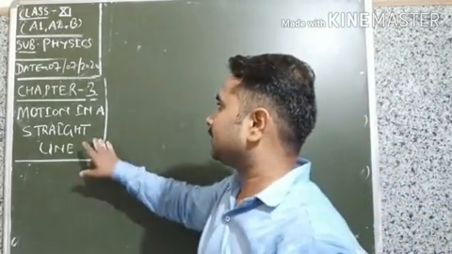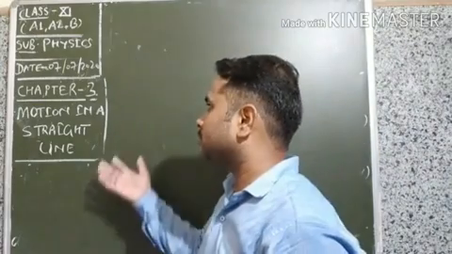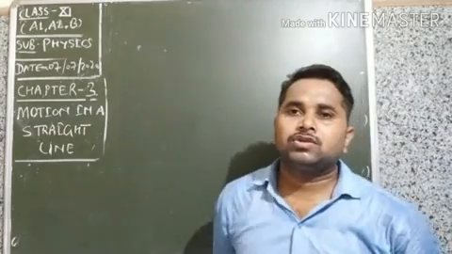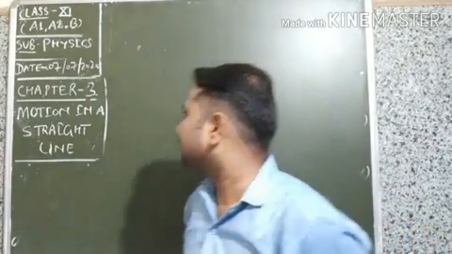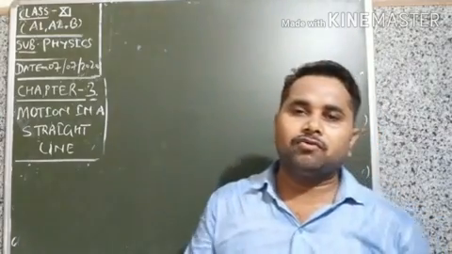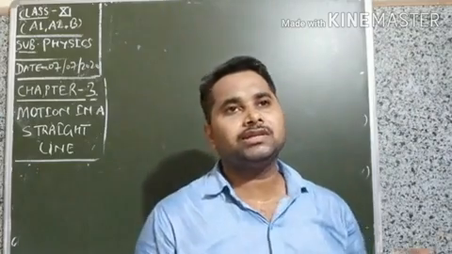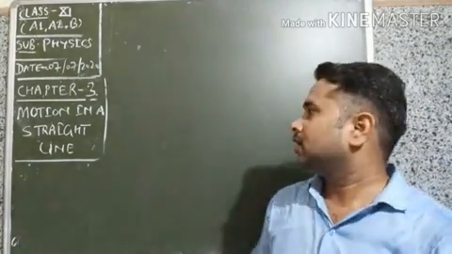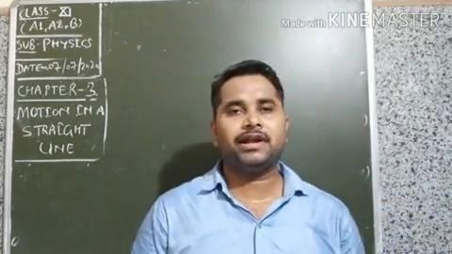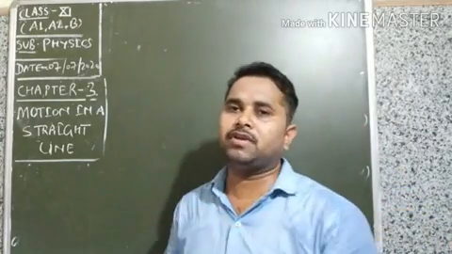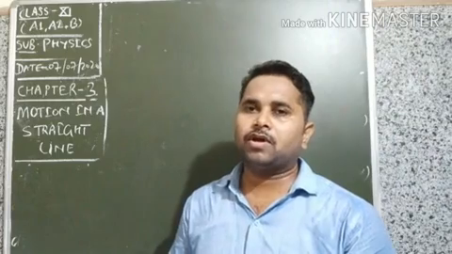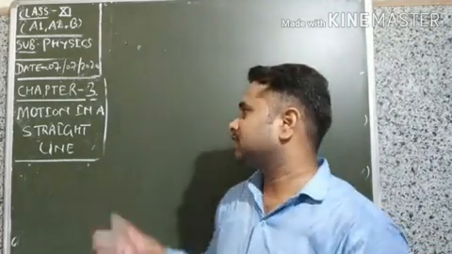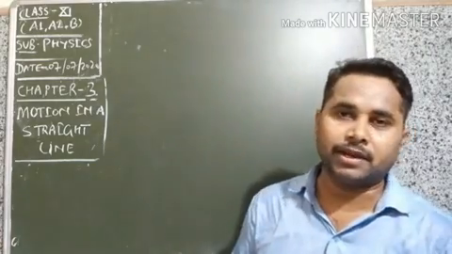First let's start some theoretical portion of chapter number 3, motion in a straight line. So again I am starting: when a body is moving on a straight path, for example a train is moving on a straight railway track, or any vehicle is moving on a straight path, straight line, then its motion is called motion in a straight line.